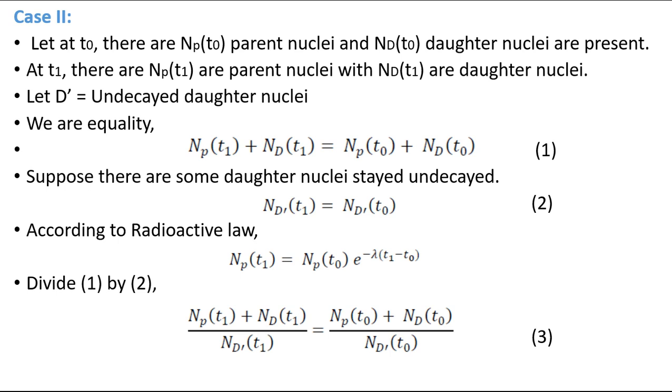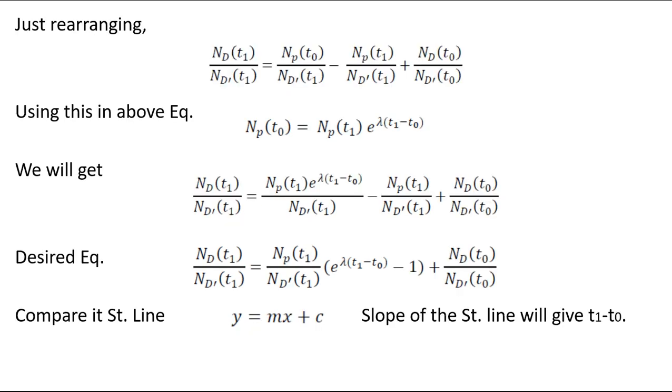Here the assumption is that some nuclei of the daughter nucleus remained undecayed at time t1, and these are equal in number. Using the radioactive decay law, and after dividing equation 1 by equation 2, we end up with equation 3.